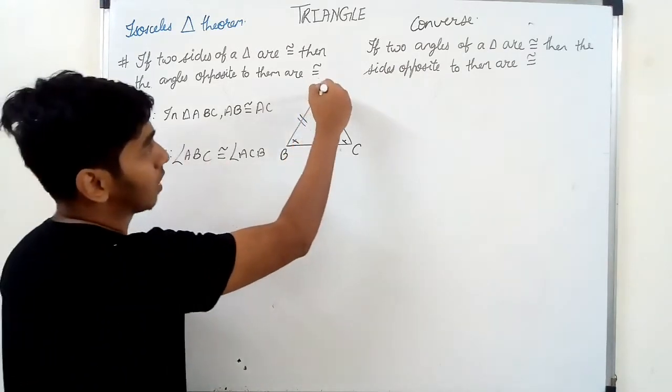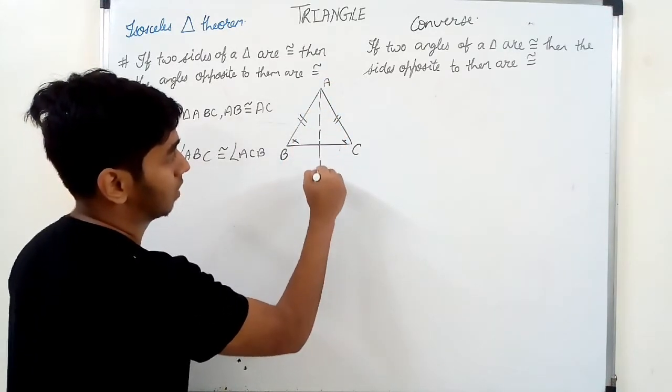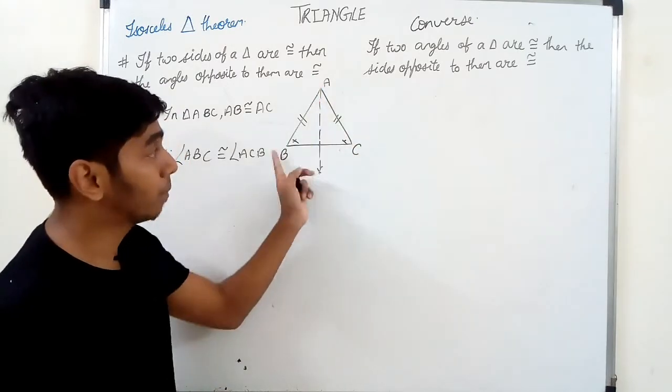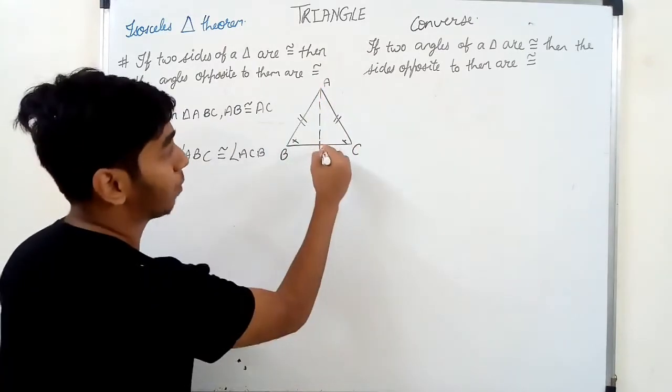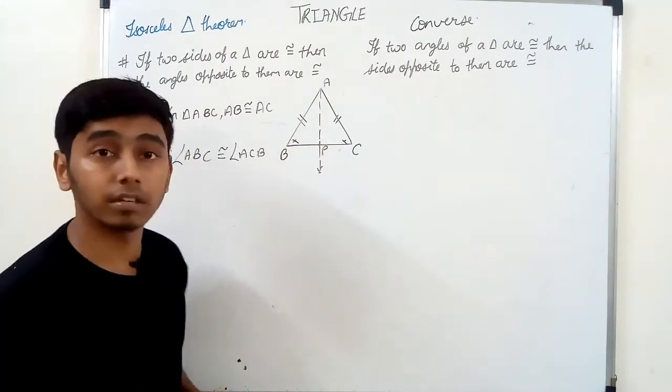Now we'll do a construction for this, a ray which passes from A through BC at point P. So we have done a construction here.